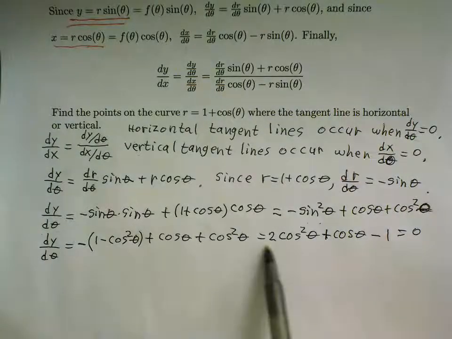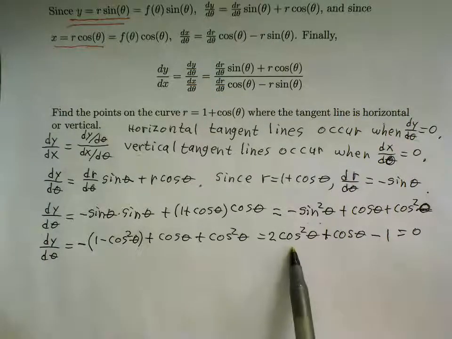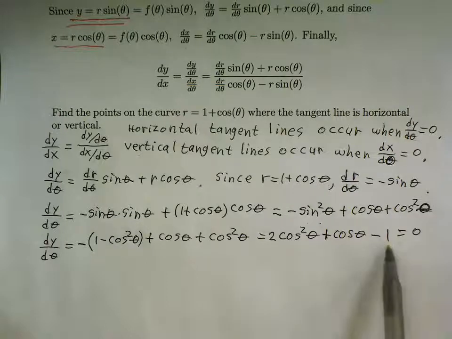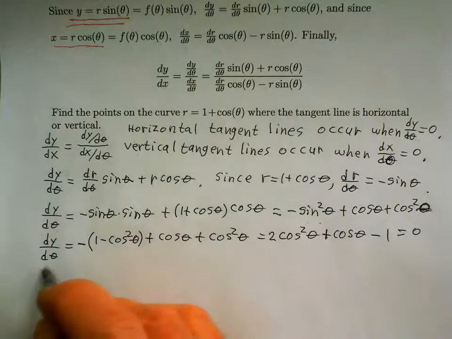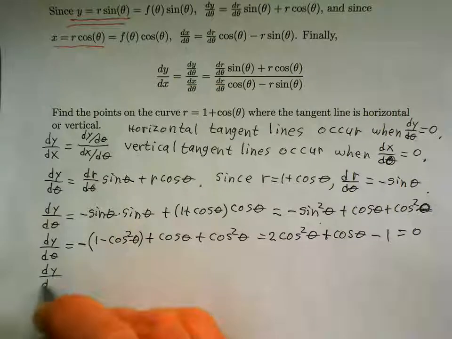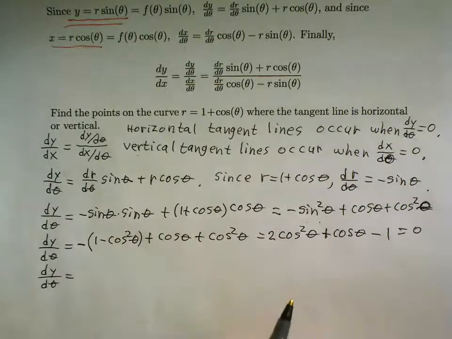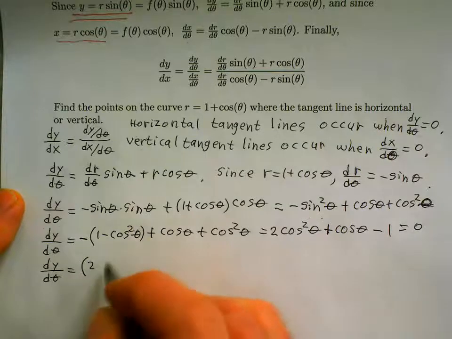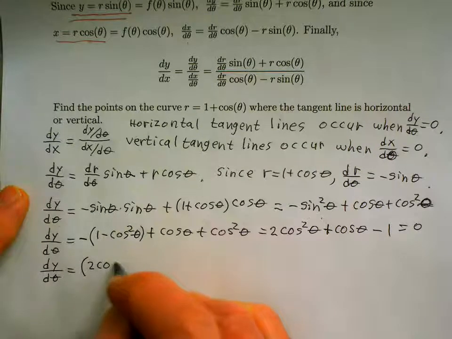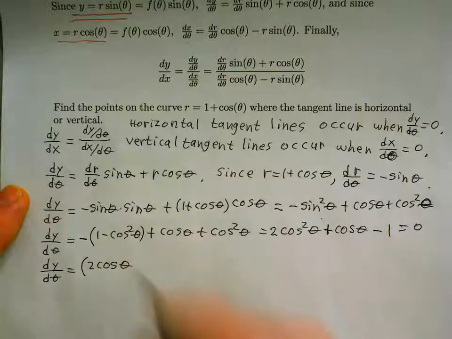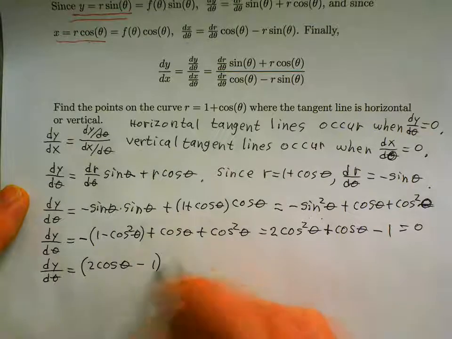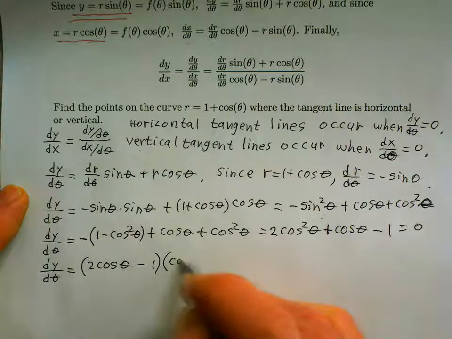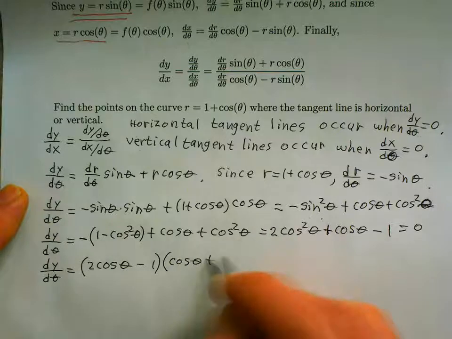We can factor this 2 times cosine of theta squared plus cosine of theta minus 1. So the factors will be 2 times cosine of theta minus 1 times cosine of theta plus 1.